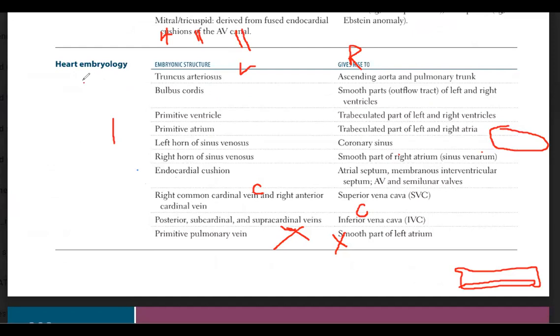Because earlier, even before these pictures, it was one common vein which gives rise to two, right and left. So the left one degenerates. So we have this right common and the right anterior cardinal vein forming the superior vena cava. So here in this picture, we are done with this point.